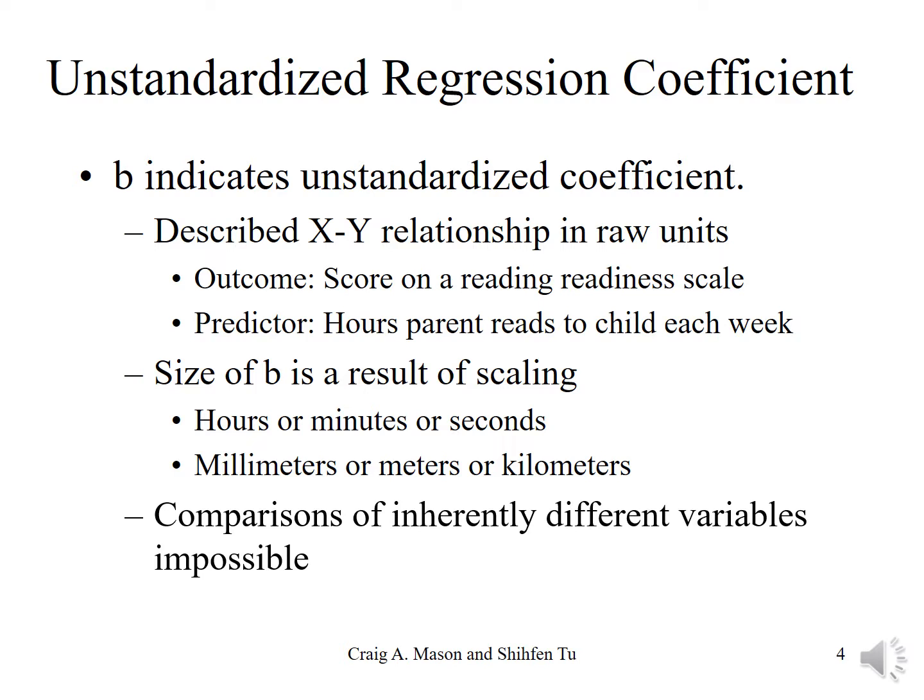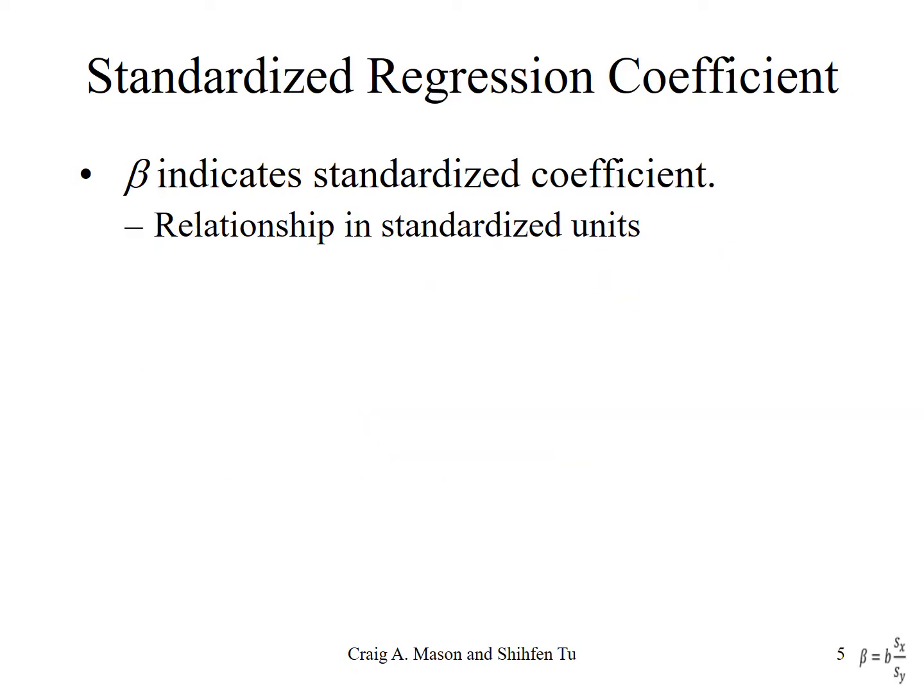For example, we might be predicting SAT scores and end up with regression coefficients that indicate the effect of hours of studying each day and dollars of family income and the number of AP courses a student takes. To try to compare those regression coefficients and see which has a larger impact on SAT scores is essentially comparing apples and oranges.